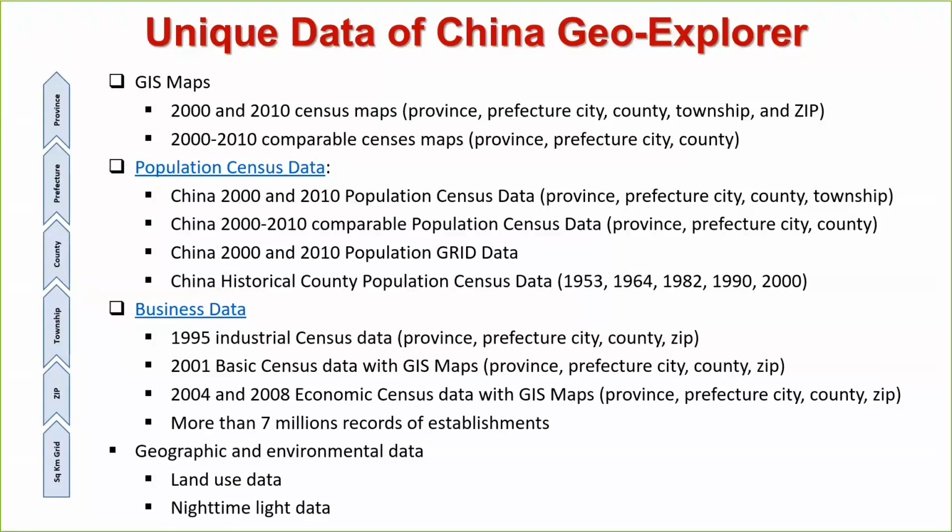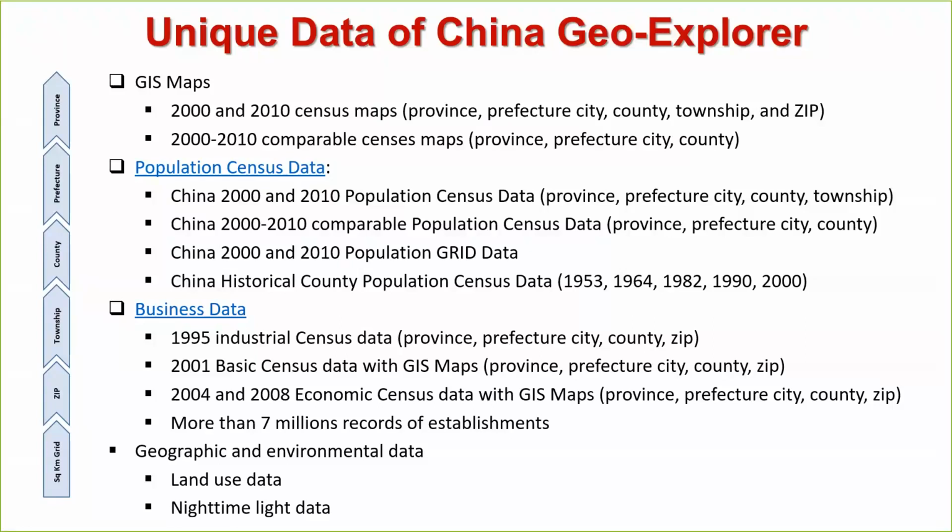We also provide some geographical and environment data compiled from third-party authorities. Those include land use data, every 5 years from 1995 to 2010, and also nighttime light data. The nighttime light data was originally compiled from USGS, and it's basically a free source. They were compiled from the satellite images.